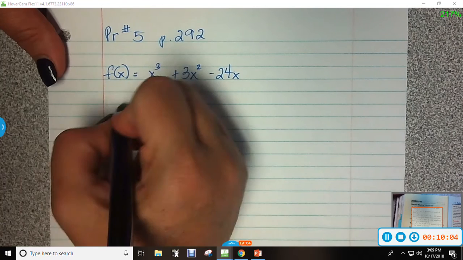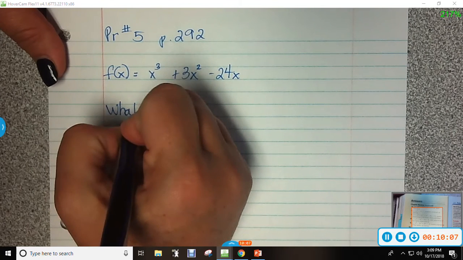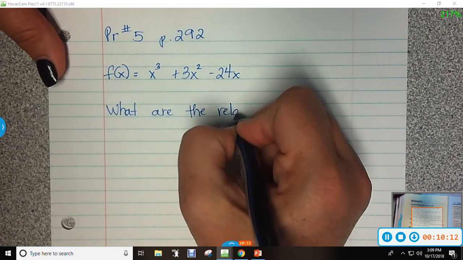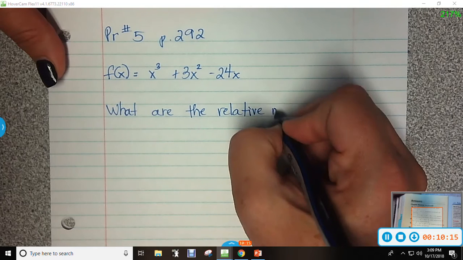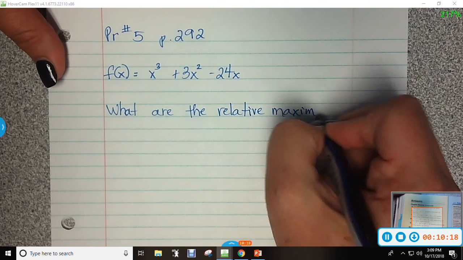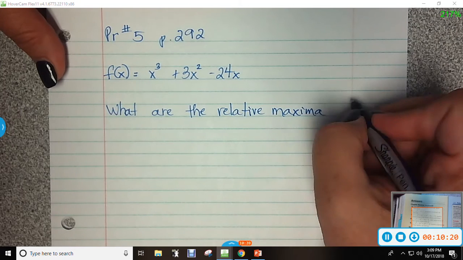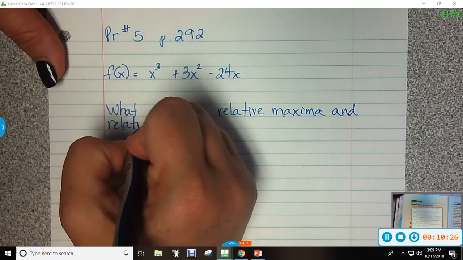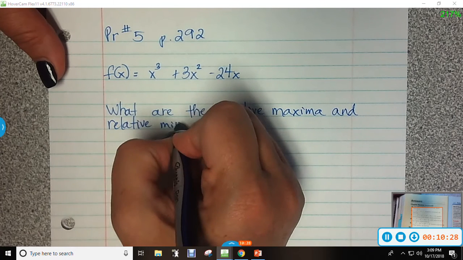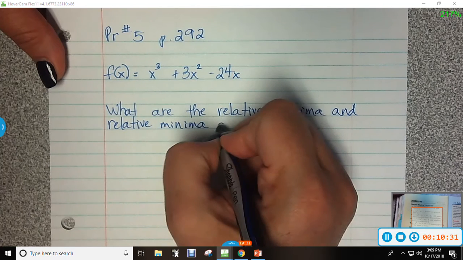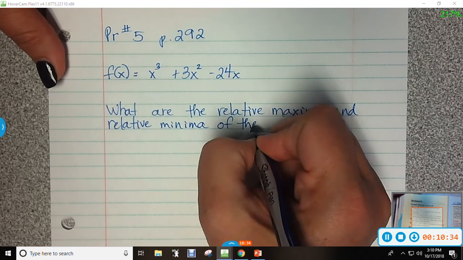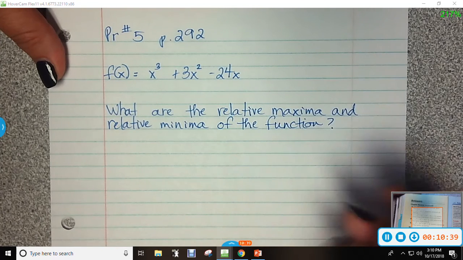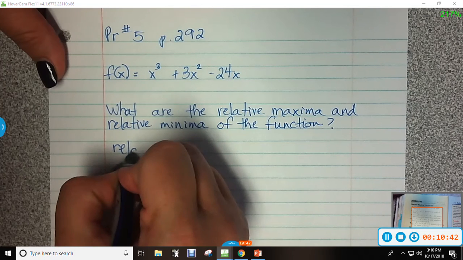And the question they ask is, what are the relative maxima and relative minima of the function? Okay, so I'm going to go ahead and list those down here so I can have a place to put my answers.